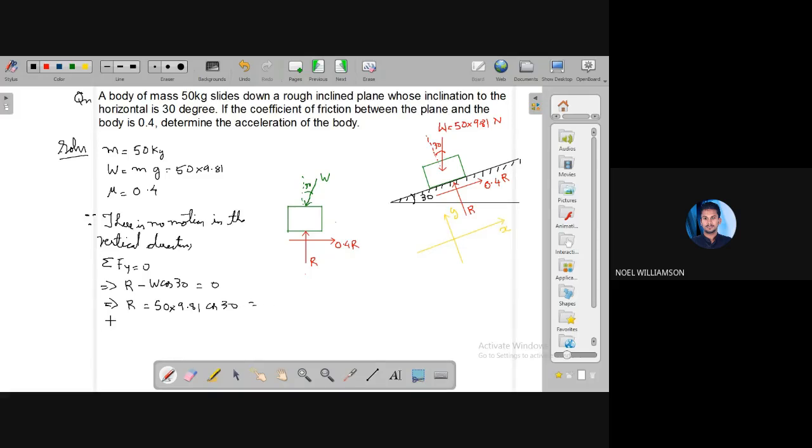Then considering the x direction, the movement is in this particular direction. This is the direction of movement. So the direction of movement is taken as positive, and the other side is negative.